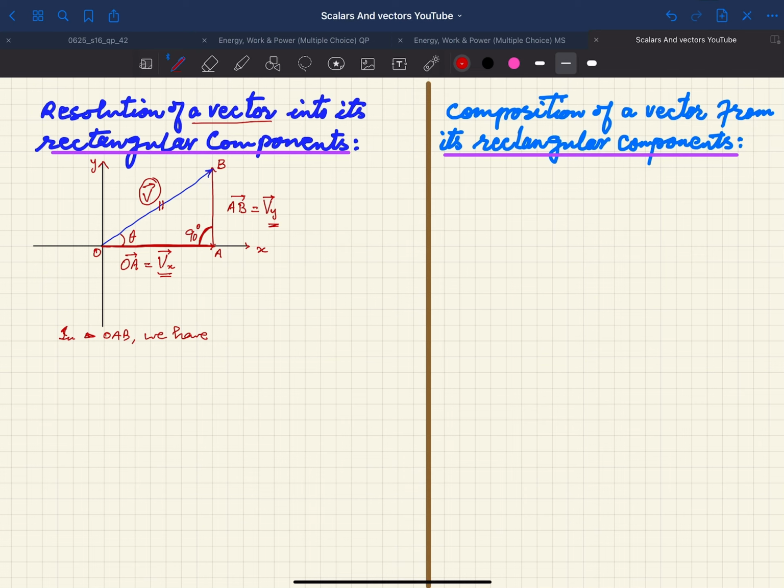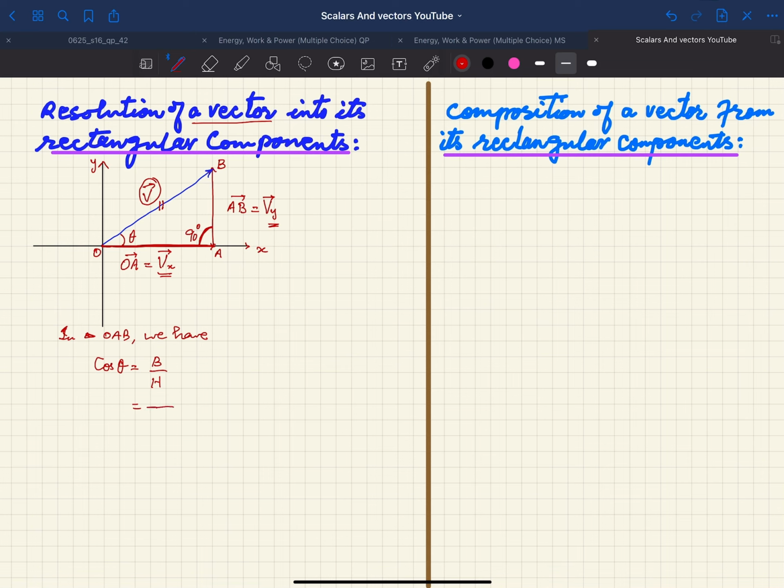And in triangle OAB, if you are considering trigonometry, then cos theta is base over hypotenuse. So what is the base in this case? Simply, this is nothing but vector OA. What is vector OA?